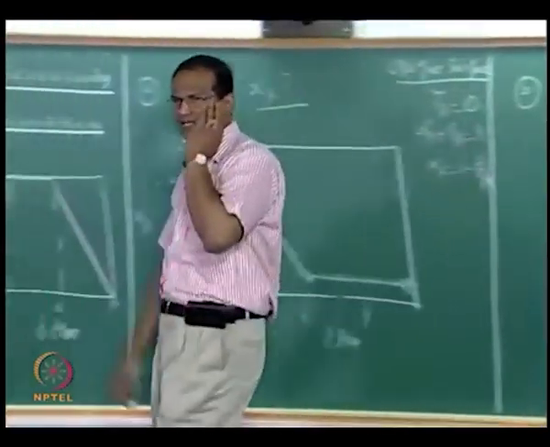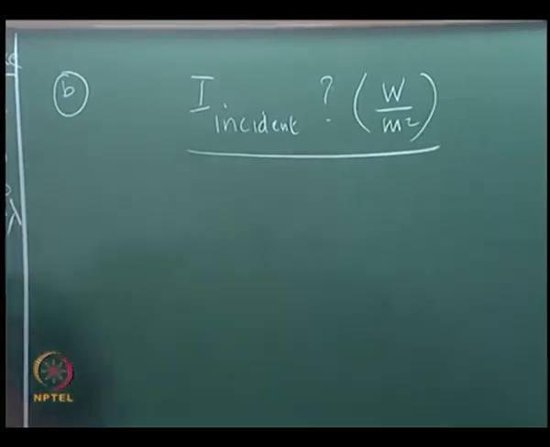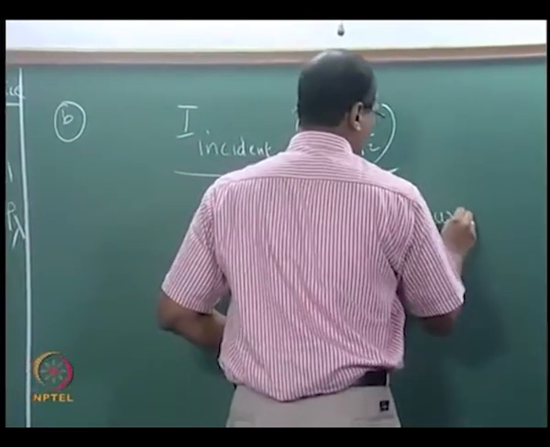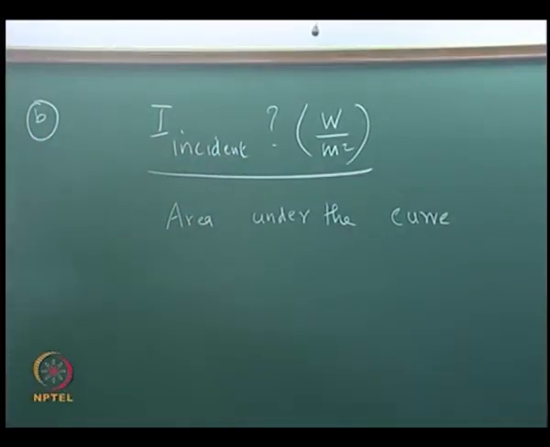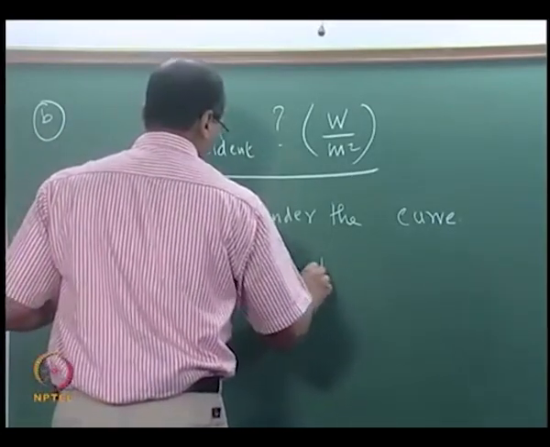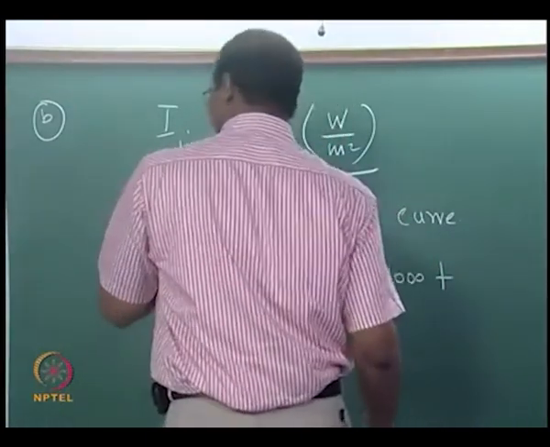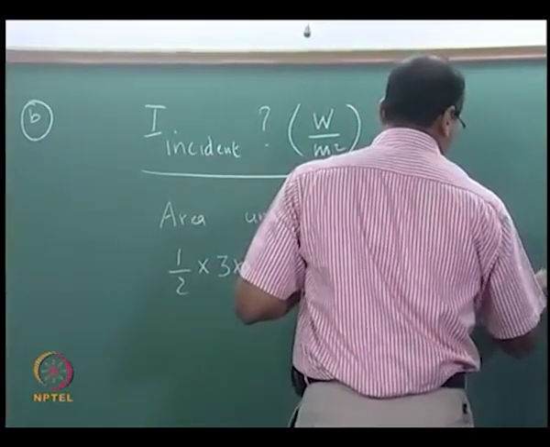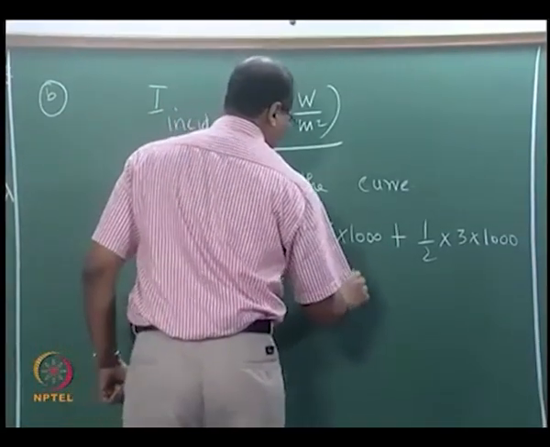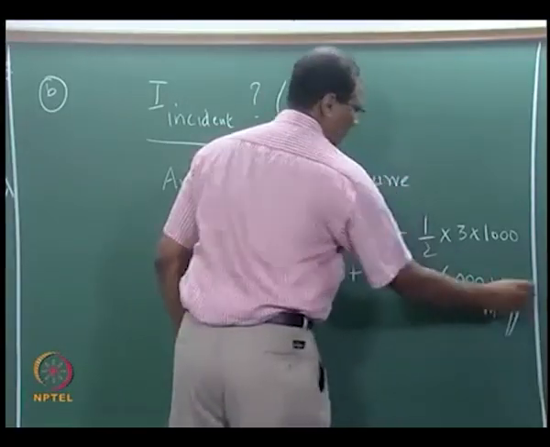What is I incident in watts per meter square, correct, that is the question. Only the distribution was given, so simply the area under the curve. So half of, plus, correct.